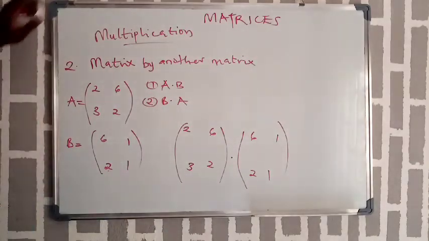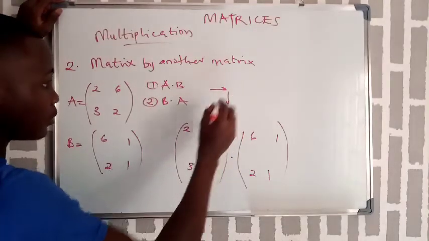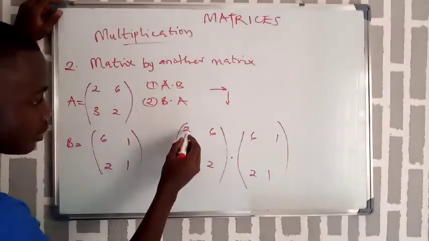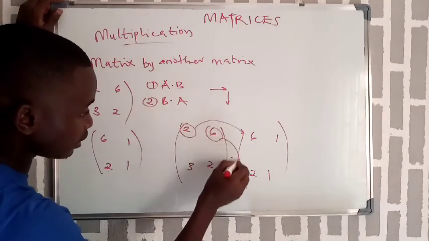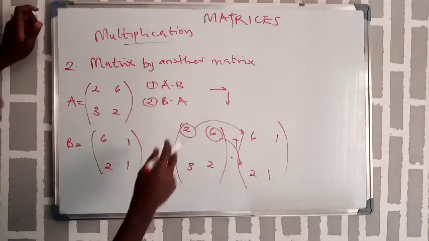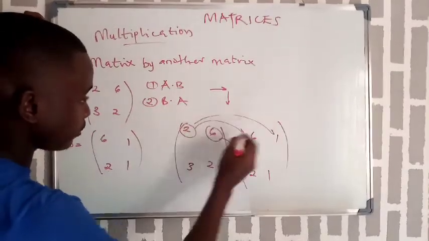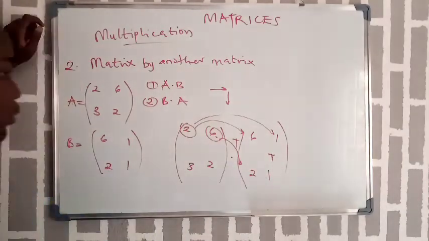When you are multiplying matrices, remember you go with rows and columns. So this one multiplies this one, and this one multiplies this one, then we add up everything we have there. Then this one again goes with this other one, this one goes with this one. Then we add up what we have.